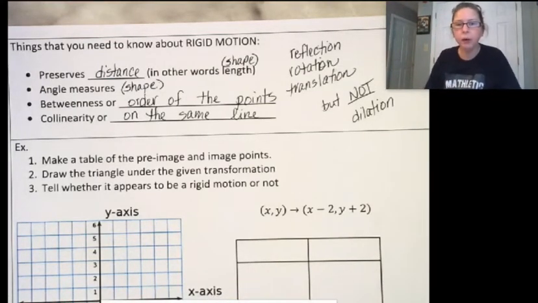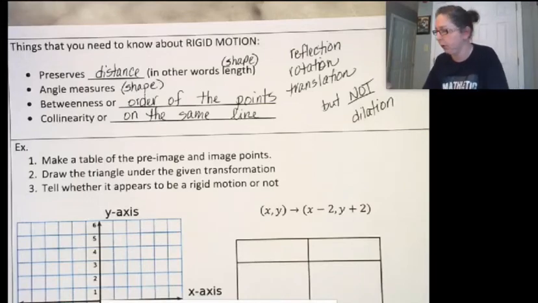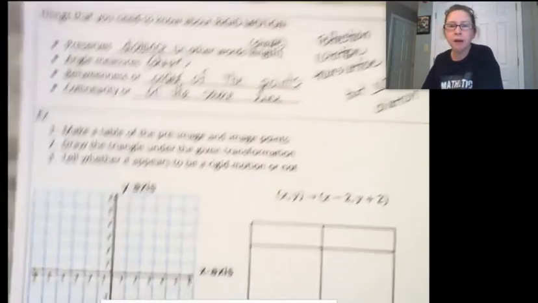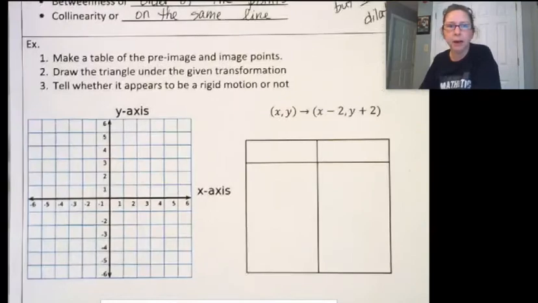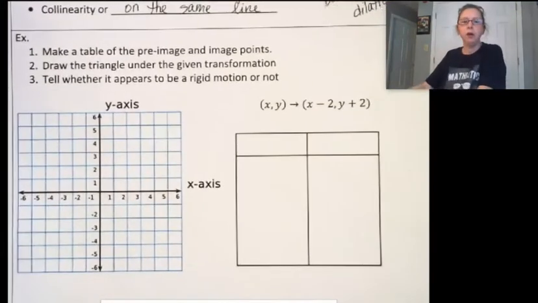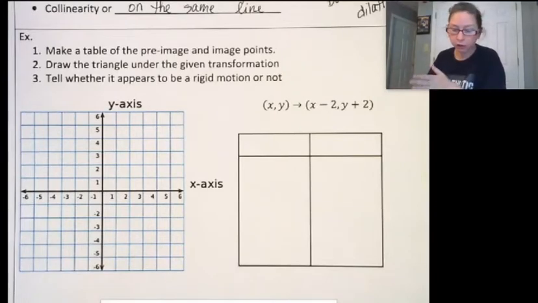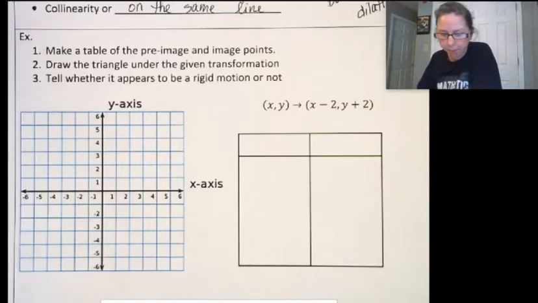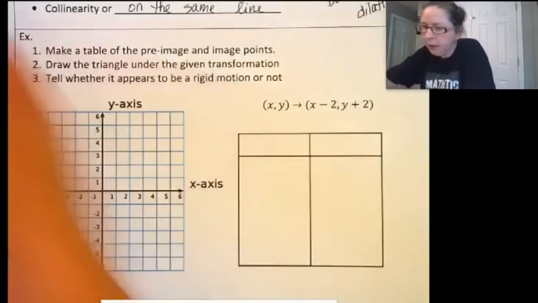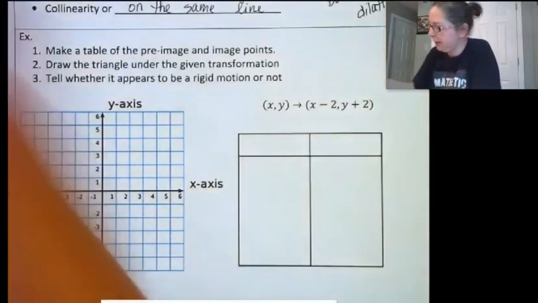So what we're going to do right now is we're going to do an example, and then we're going to be done with this first lesson, okay? So first thing that we're going to do is I need to actually draw the pre-image onto my figure. Let me use pink for this.